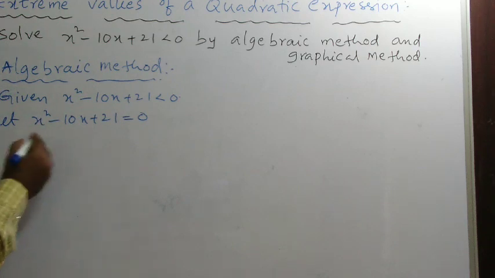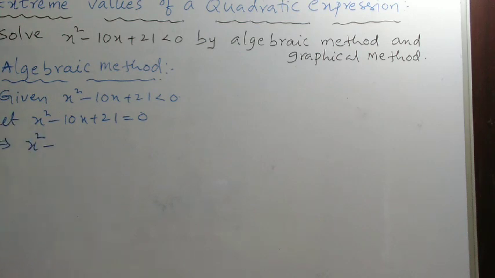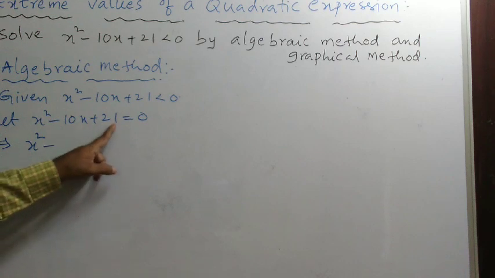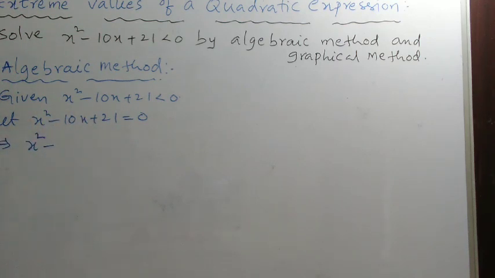Now let me solve first using the quadratic factorization method. Now look at me here, minus 10x, we need to split it such that the sum should be equal to minus 10x and the product should be equal to 21 into x square. I think 7 and 3 are the factors here, because on adding 7 plus 3 we get 10, and on multiplication 7 into 3 we get 21.